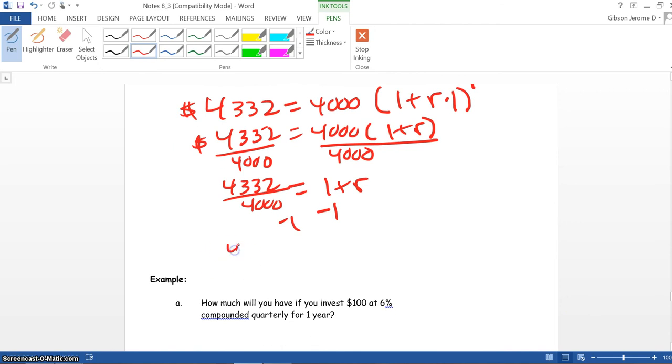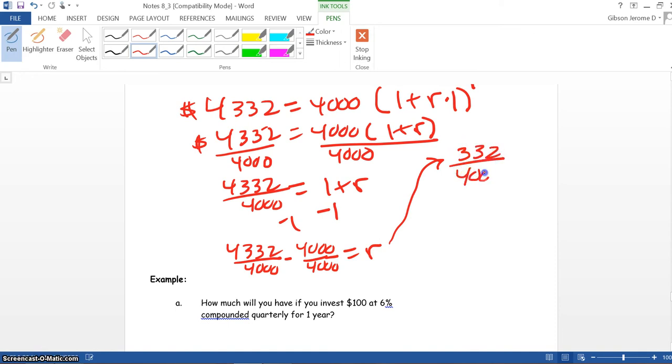And now we will have 4,332 over 4,000 minus, and we could change this 1 to a fraction, make it 4,000 over 4,000, so we can easily subtract that fraction, and that equals R. Now 4,332 minus 4,000 will give us 332 over 4,000, and that equals R.